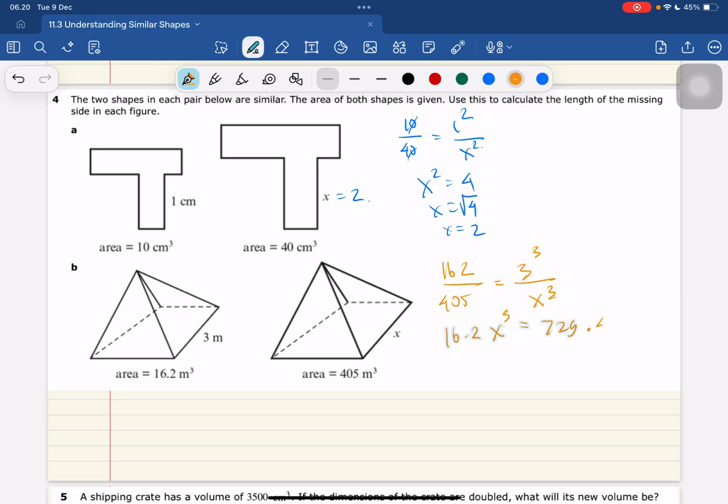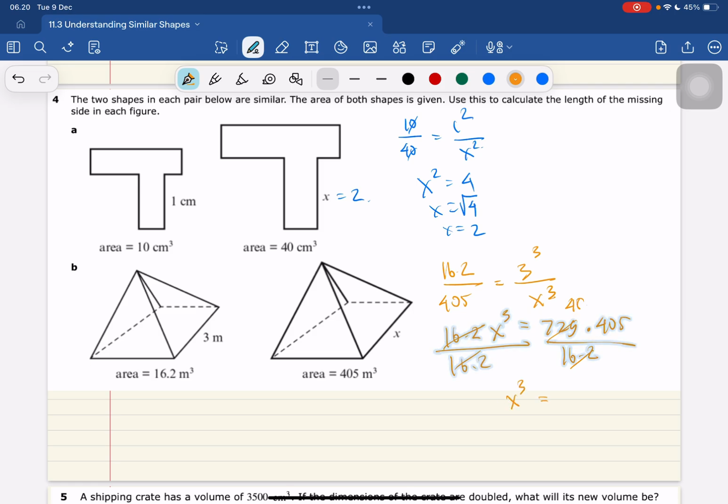We multiply by 405. We could simplify it. Both of them divided by 16.2. Here also 16.2. Here disappears. 729 divided by 16.2 is going to be 45. So x cubed equals 45.